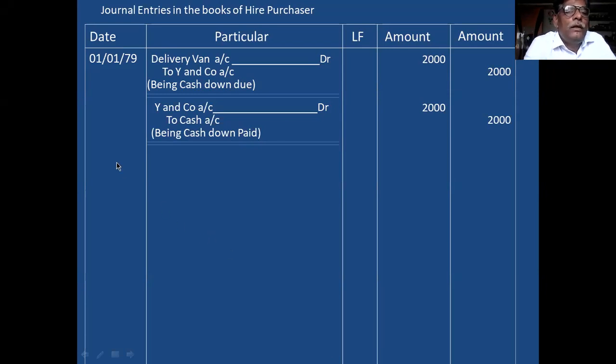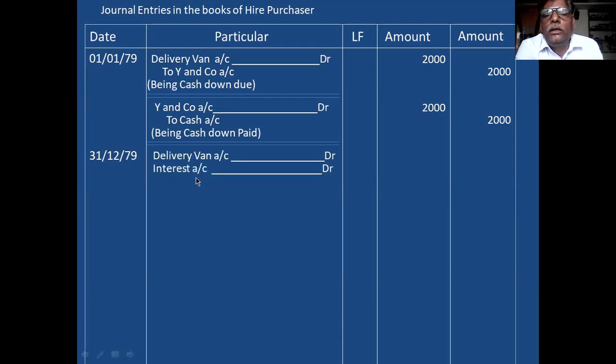Okay. Then for installment, on 31st 12 79 installment, debit increase in asset, debit increase in expense, credit increase in liability. Increase in asset means van value increases. Increase in expense means interest account. Increase in liability means Y account.